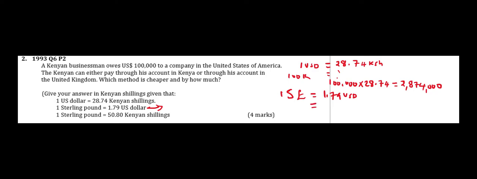So what about 100,000 USD? That's equivalent to 100,000 divided by 1.79. That's 55,865.92 sterling pound.